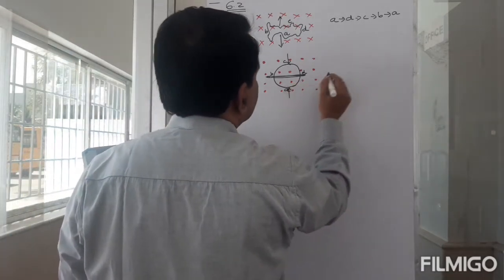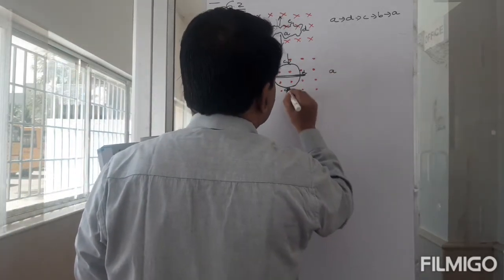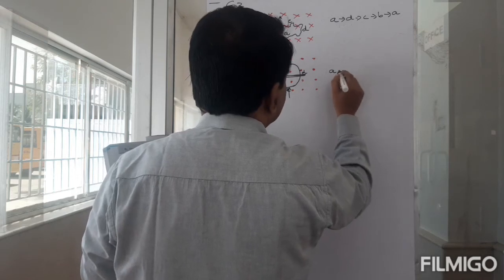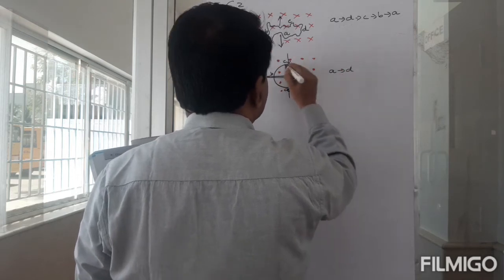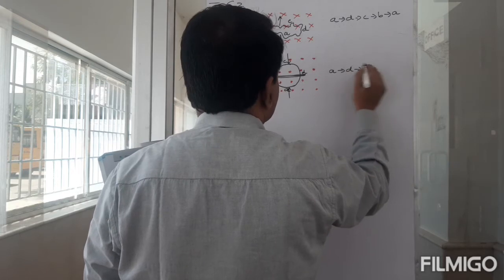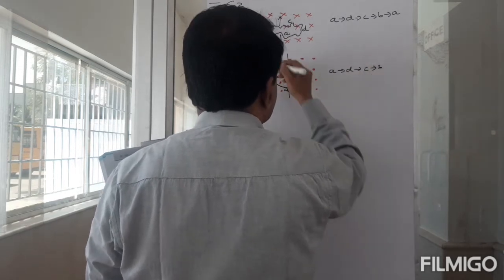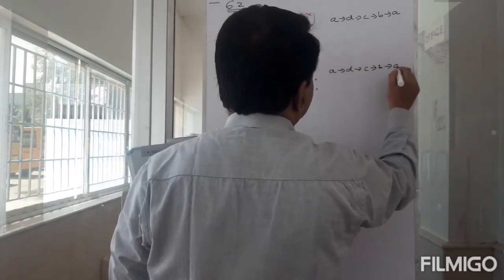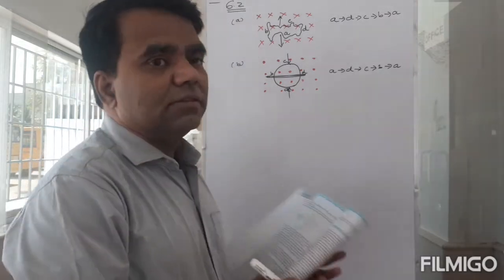So if you start from A, then you go from A to D and to C to B, and from B to E. So this will be the direction.